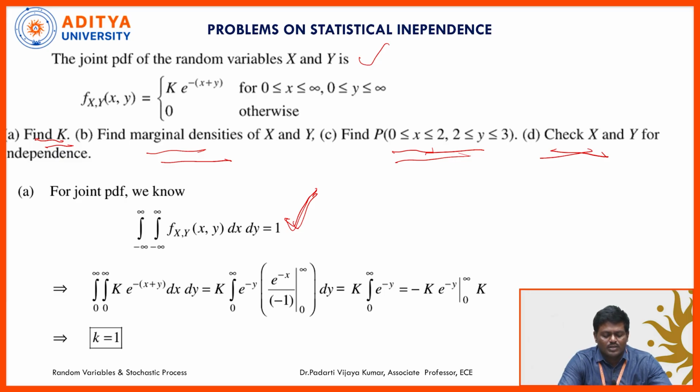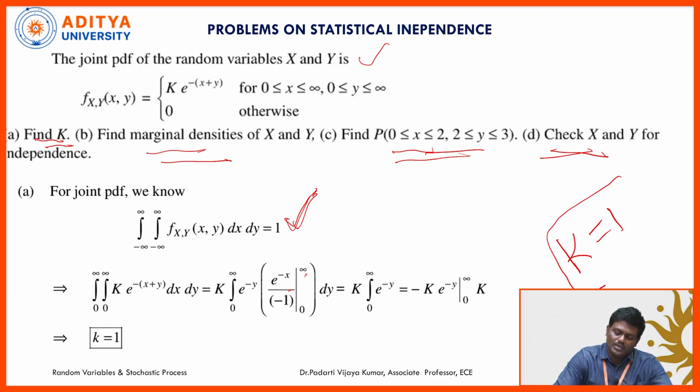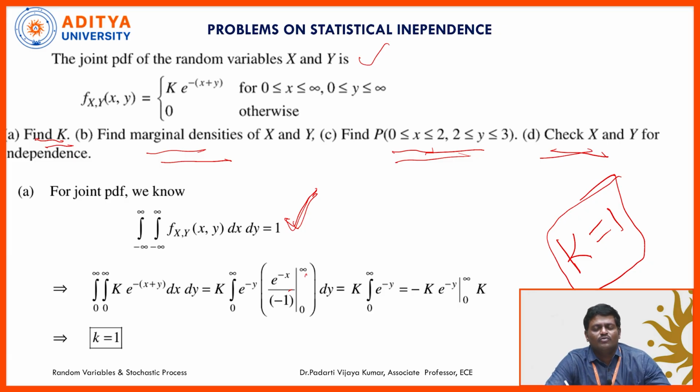So e power a plus b I am writing as e power a into e power b. Separating e power minus x integration, substituting the limits I will get 1. Similarly, e power minus y integration, substituting limits I will get 1. So totally k must be equal to 1. So the unknown value of k is obtained by applying the property that the area under the joint density function is unity.